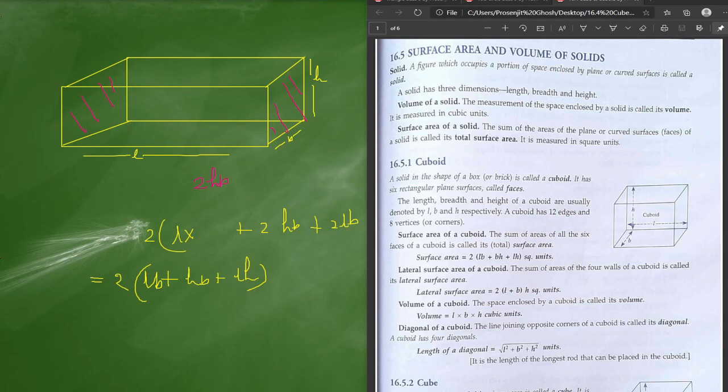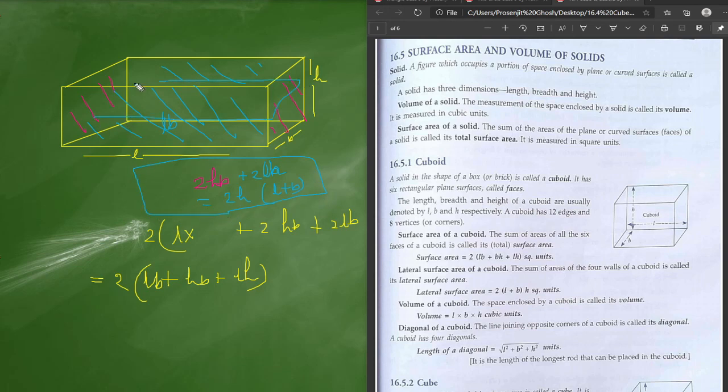Also we are going to do the same thing for the base, and also for the front and the back. So what should be the formula? That is L into B. There are two parts, so 2L into B. So as you can see, if you take out 2H as common, L plus B will remain inside. So that is the area known as lateral surface area.